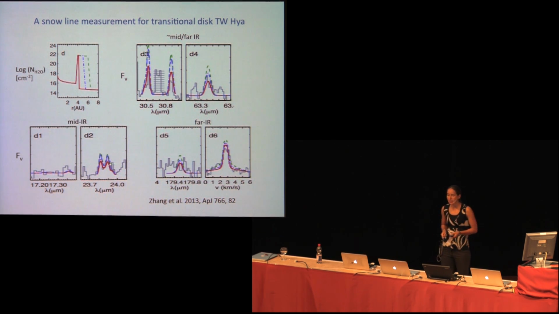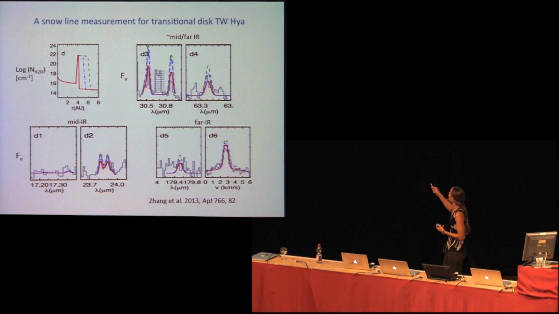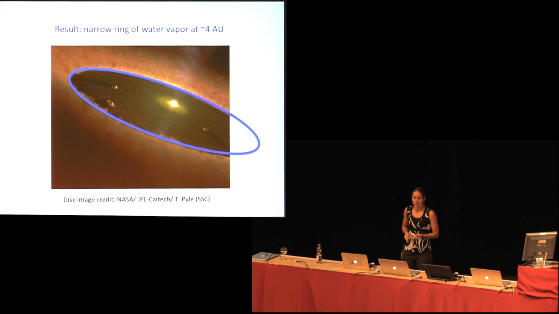And it's interesting to note that if you look at shorter wavelengths in the mid-infrared, or out in the far infrared, the data are actually less sensitive to the snow line, but these lines end up becoming sensitive to other parts of the water vapor profile. So you can actually have a hope of deriving a full abundance profile for water vapor.